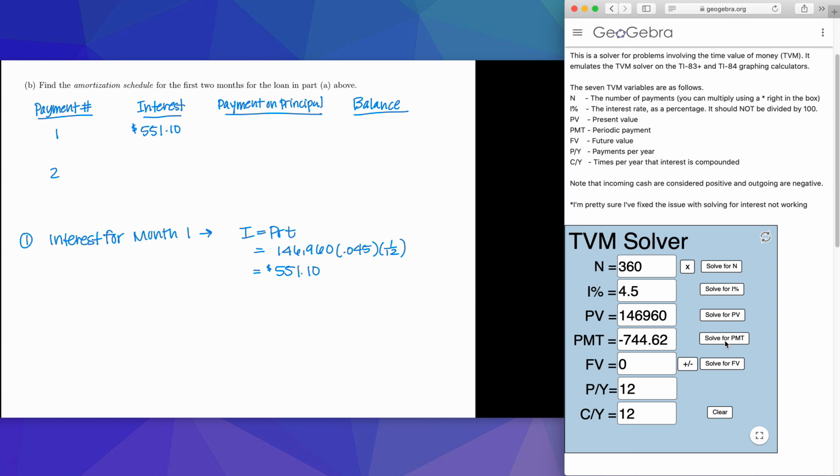Okay, well, that's my interest. The rest of my monthly payment will be my principal. So the payment on principal is the monthly payment, which if you flip back, was $744.62, and we'll take away the $551.10.